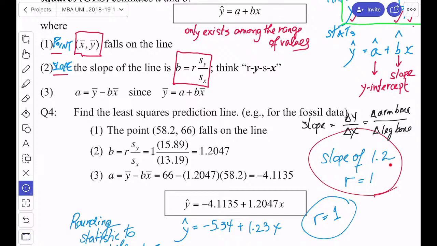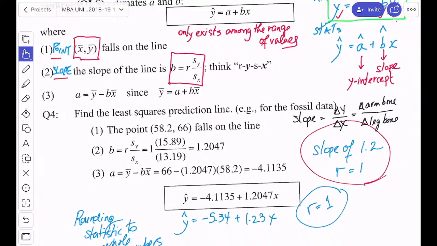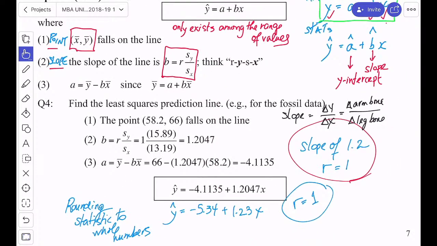So it's longer, right? 20% longer. Okay, any questions?